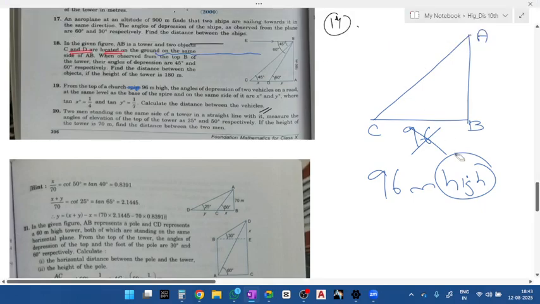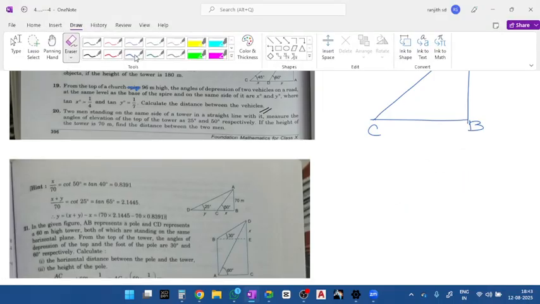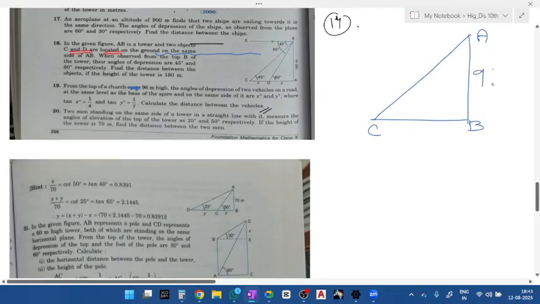I saw one or two students writing 96 on the hypotenuse. I think it was Mariana. Okay, tell me, Charisha. AB is 96. And what are the two values? Two vehicles on the road, right? There is a church AB, and two vehicles are approaching towards it.